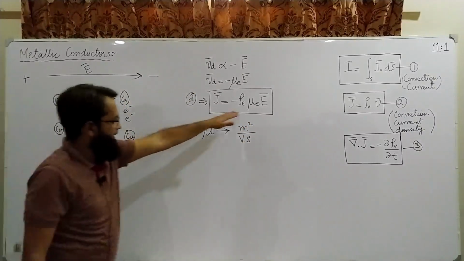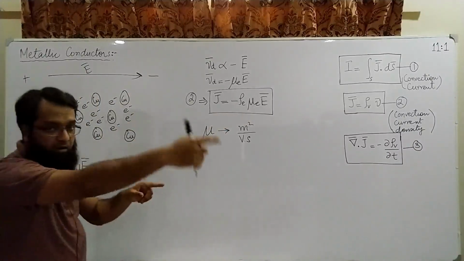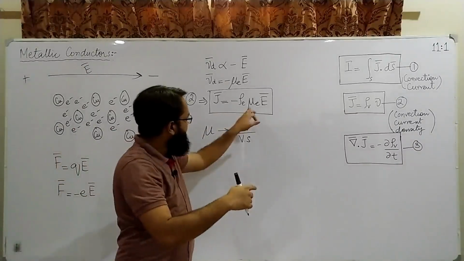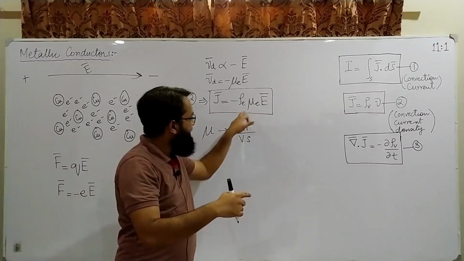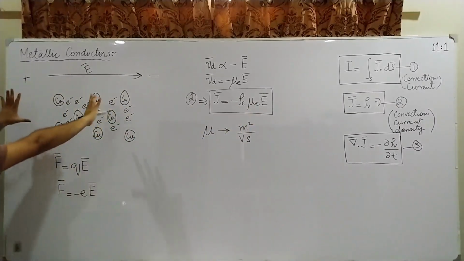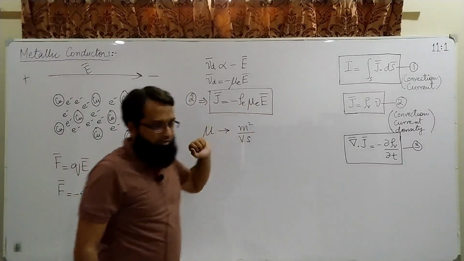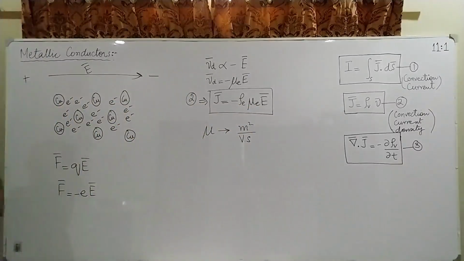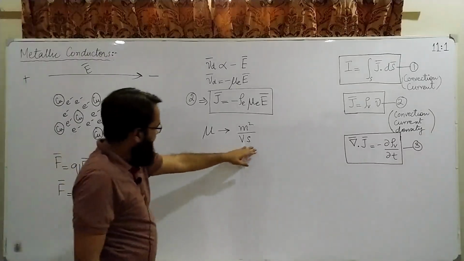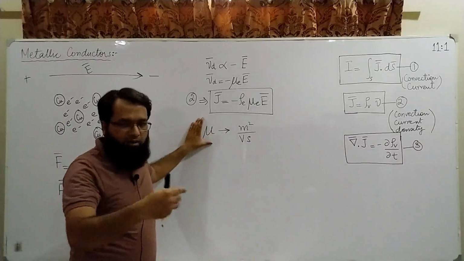Mobility of electron, I'm using the subscript e because in semiconductors there are holes as well, so mobility of holes will be represented by mu p, but in metallic conductors we only have current due to electrons, so that's why mu e is there, which is measured in this. And this mu e, by the way, is measured experimentally for every material.